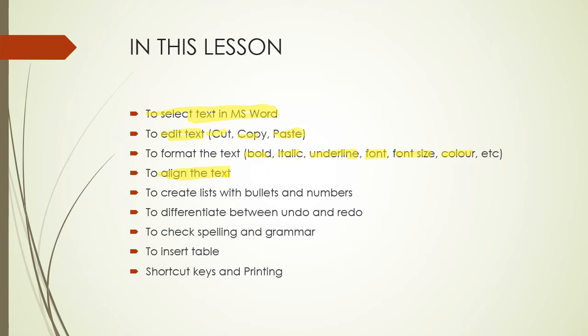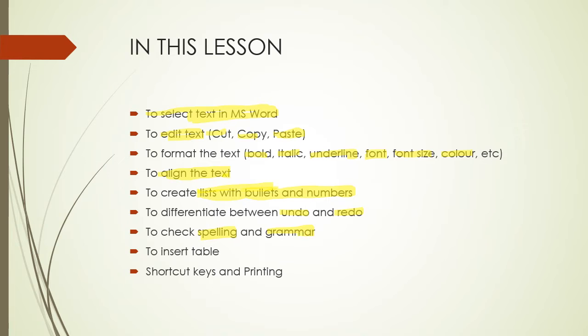Then, how to create lists with bullets and numbers. We can make a list in two types, by using bullets and by using numbers also. Then, we are going to differentiate between undo and redo. Then we are going to check spellings and grammar.